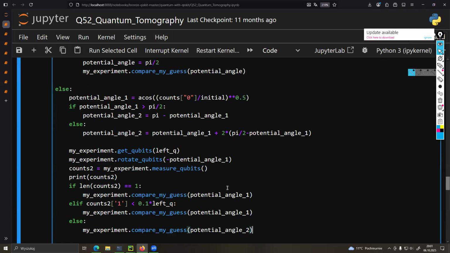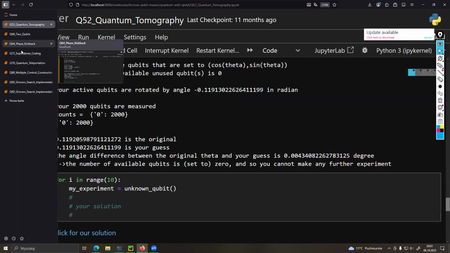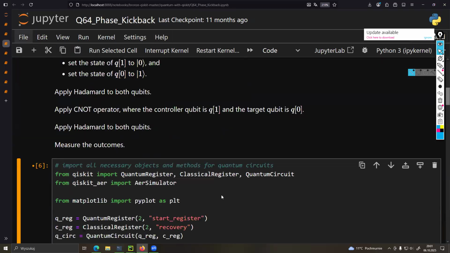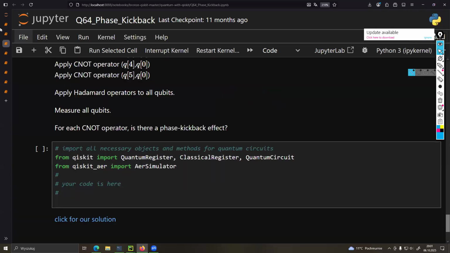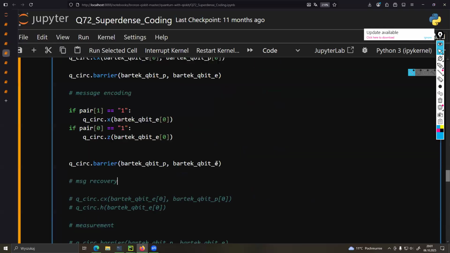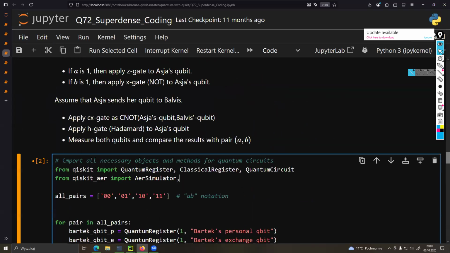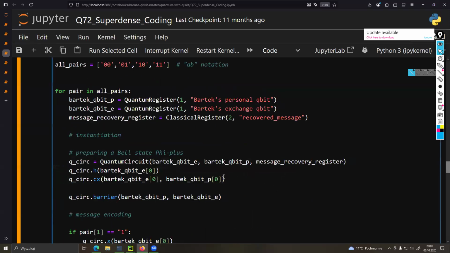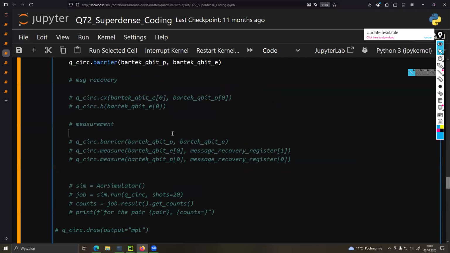I searched something for easy copy paste, but I don't see anything. It doesn't. Okay, so let me import a simulator, state vector simulator. This is what I want.